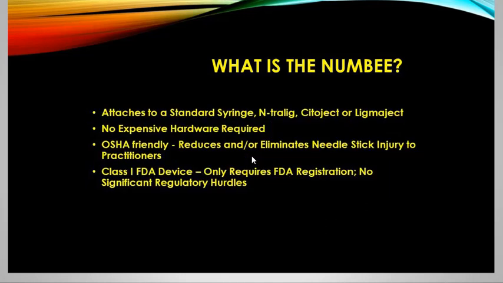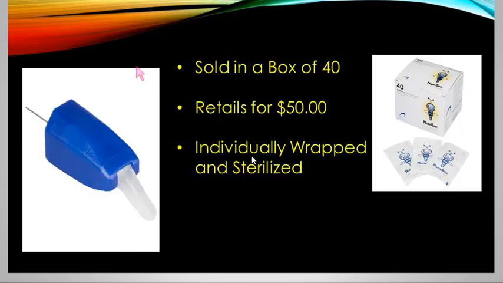So once again, it attaches to a standard syringe and a Ligajet. There's no expensive hardware required. It's OSHA friendly and eliminates needle sticks, and it's just been fun. So this is what it looks like. You can see this end screws into the hub of your Ligajet or your typical syringe, and this is what the patient could see or touch.